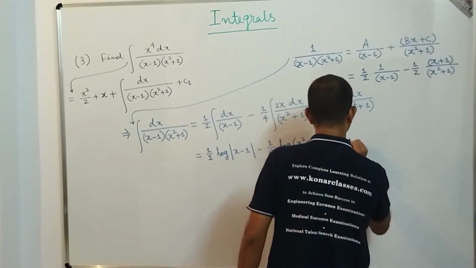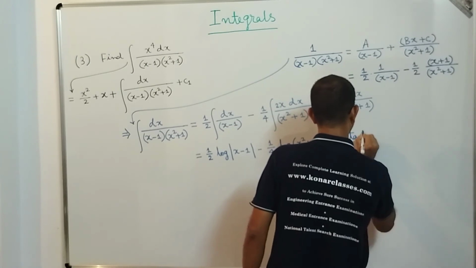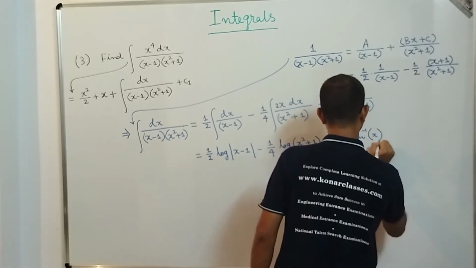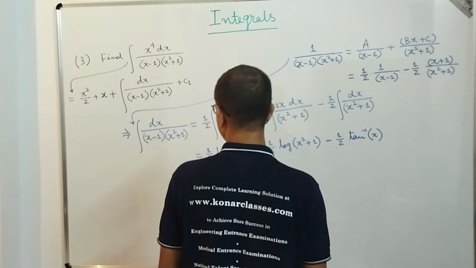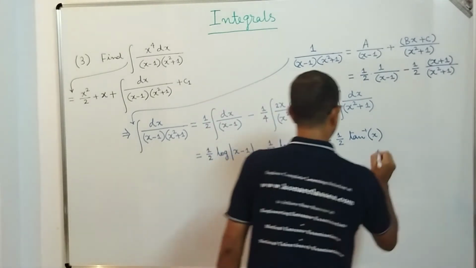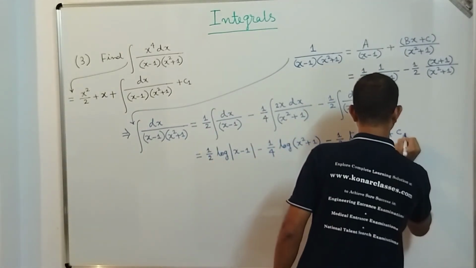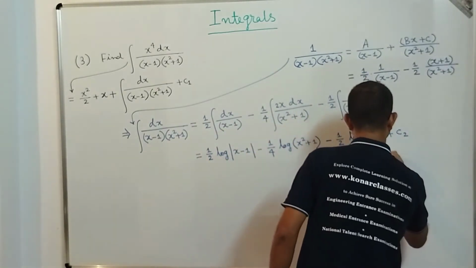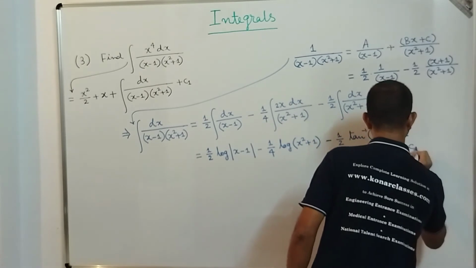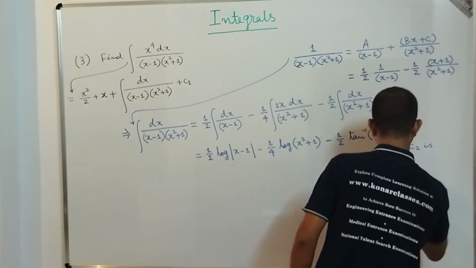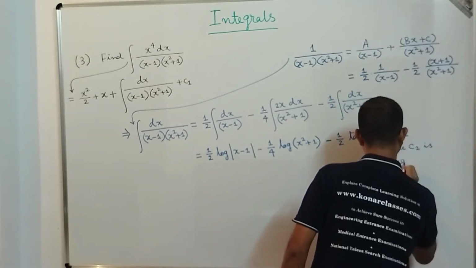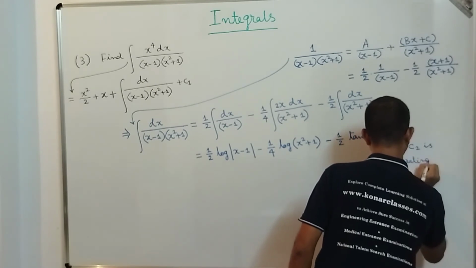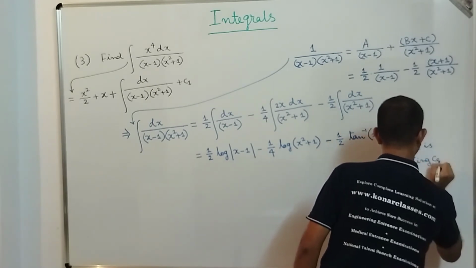So what we can write, 1 by 2 into tan inverse of x. Okay, correct or not? And we can include one integrating constant c2, where c2 is the integrating constant.